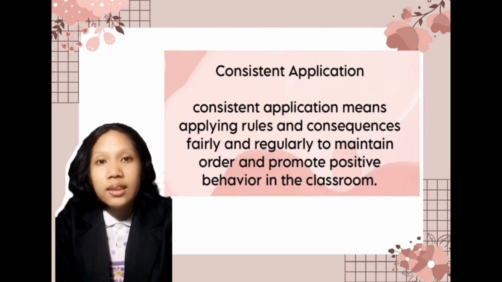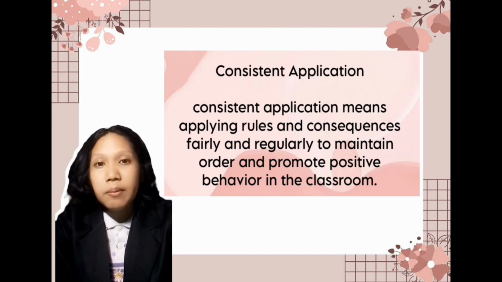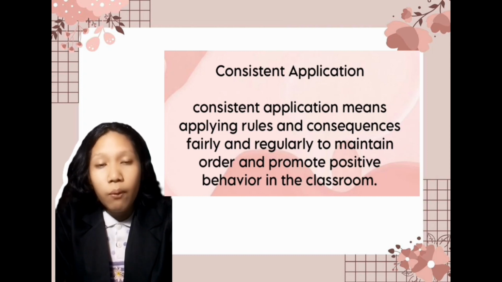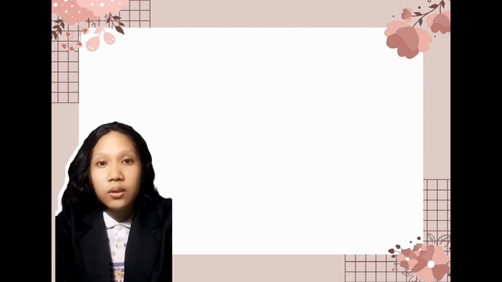Next, consistent application. Consistent application of rules and consequences is crucial in maintaining order and creating an effective learning environment. When teachers enforce rules consistently, students understand what is expected of them and what consequence they face for not meeting those expectations.